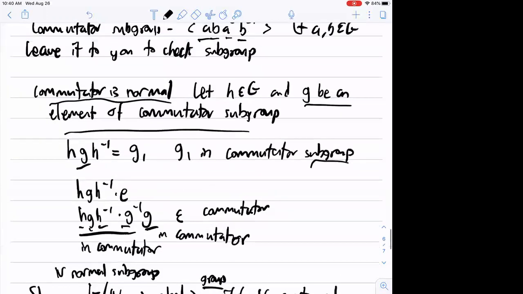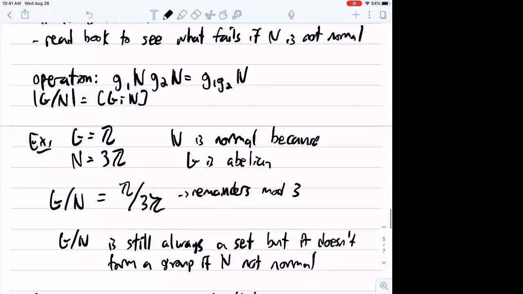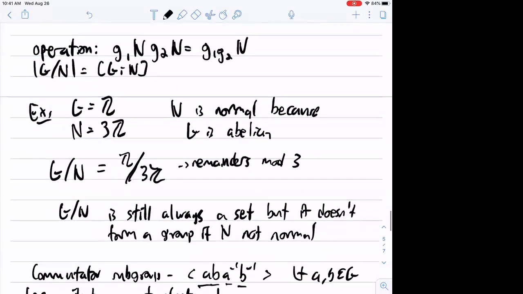Let me ask you a question here. When I quotient off by 3Z, what am I claiming? I'm claiming everything in 3Z is 0. If you think about it, every multiple of 3 is just 0 in Z mod 3Z, like 3, 6, 9.